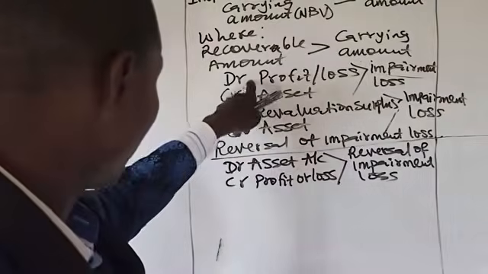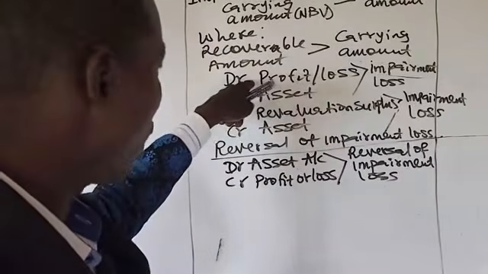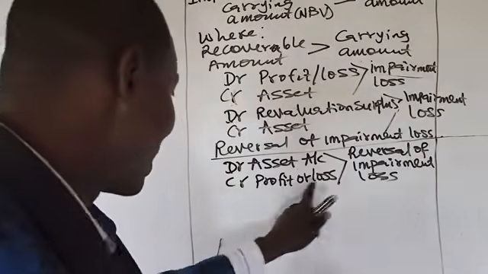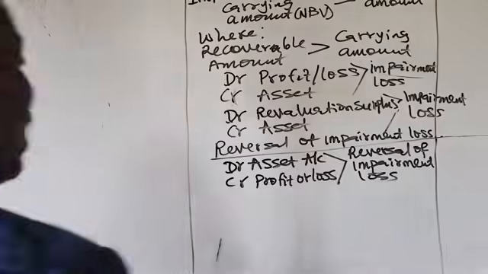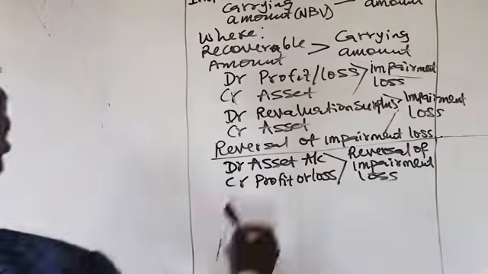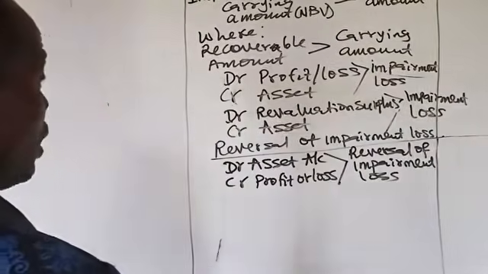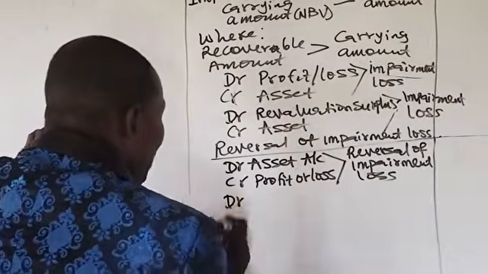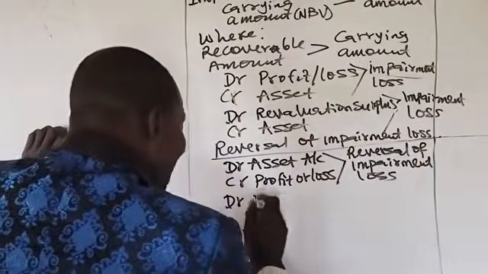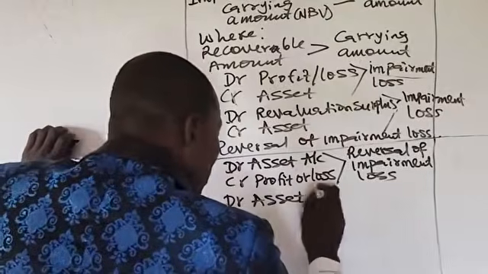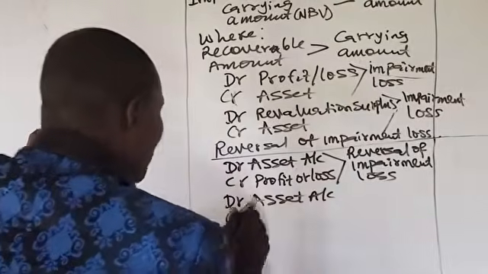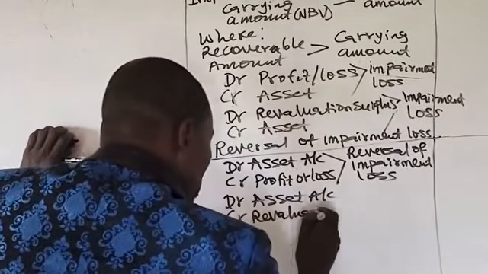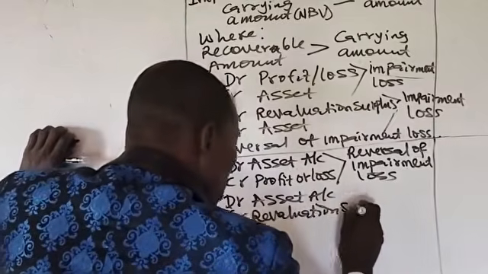Then the profit that has been reduced when the impairment loss was recognized, you will need to credit that profit. That is why we are crediting the profit or loss. And if that double entry was made to revaluation reserve, then you debit the asset account and you credit revaluation surplus.